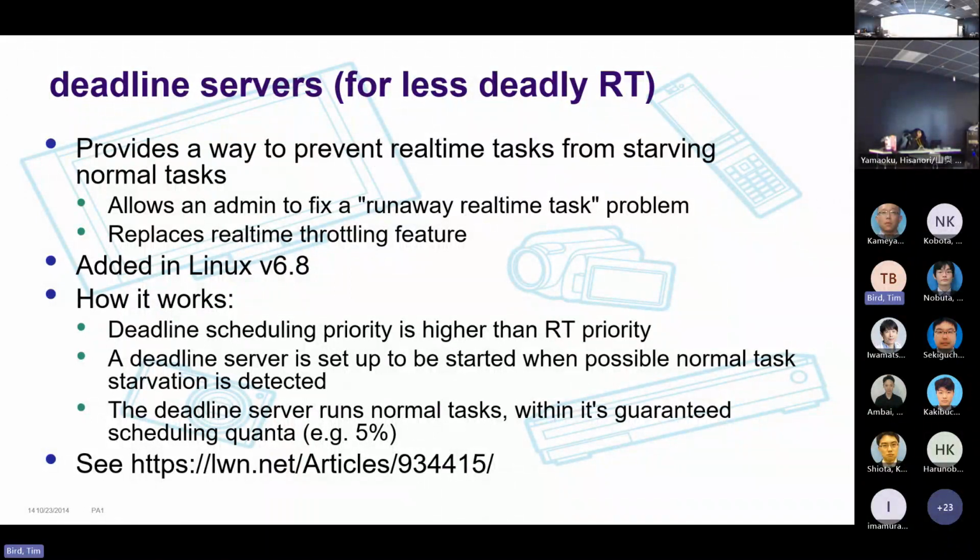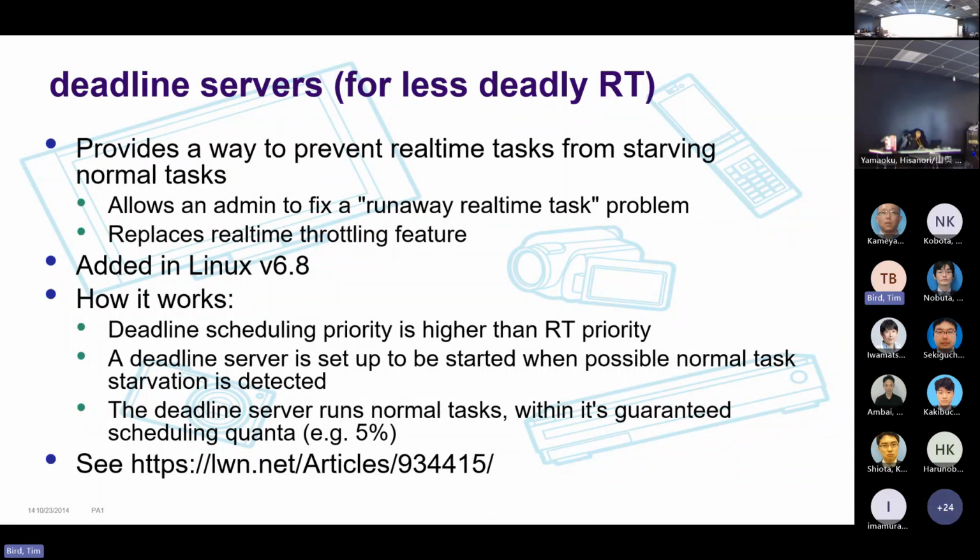But there were certain issues with how that worked. The system was supposed to reserve like 5% of the system CPU for non-real time. So up to 95% of the CPU could be allocated for real time, and 5% was supposed to be reserved. But a lot of times it was reserved even when it was not needed.